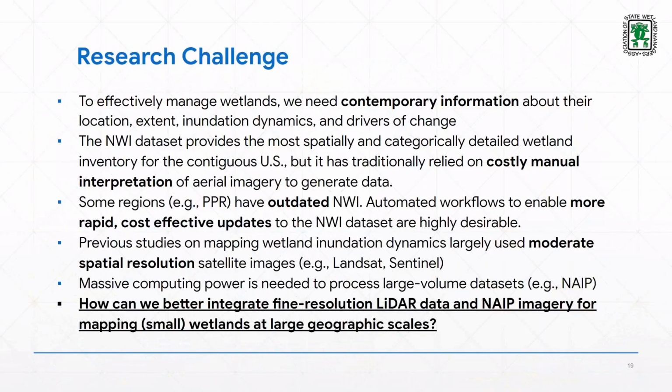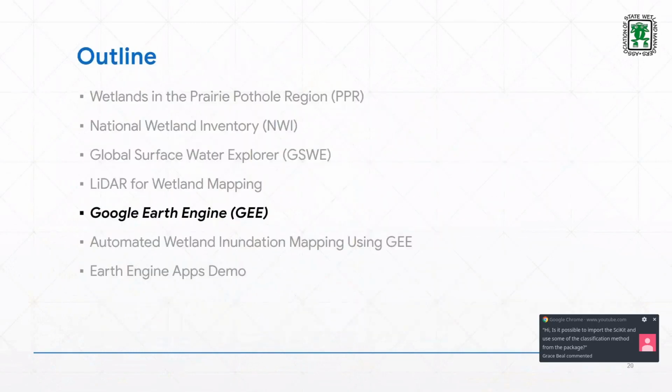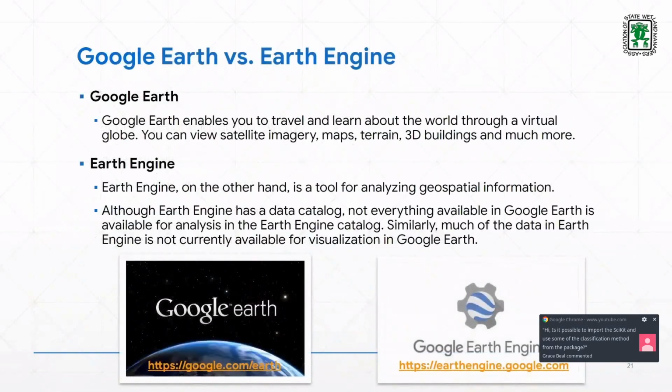The global surface water product is also good for mapping large water bodies, but it is very difficult to map small water bodies and sub-hectare wetlands. So how can we better integrate LiDAR data and NAIP imagery to map these small water bodies is our goal here. The platform we're using is Google Earth Engine.